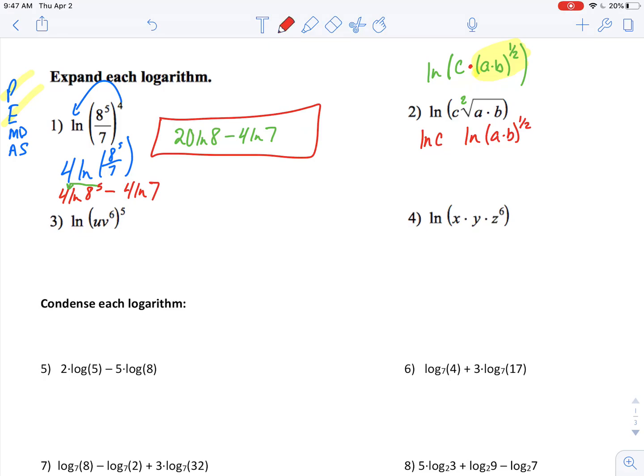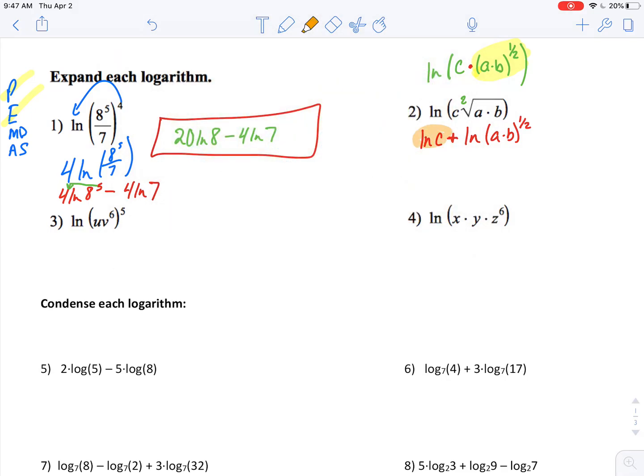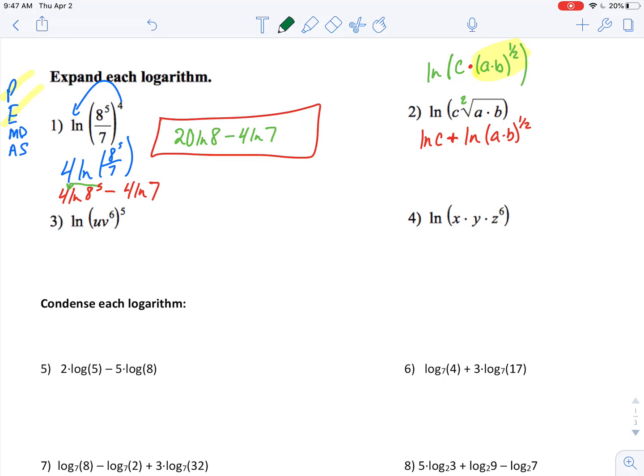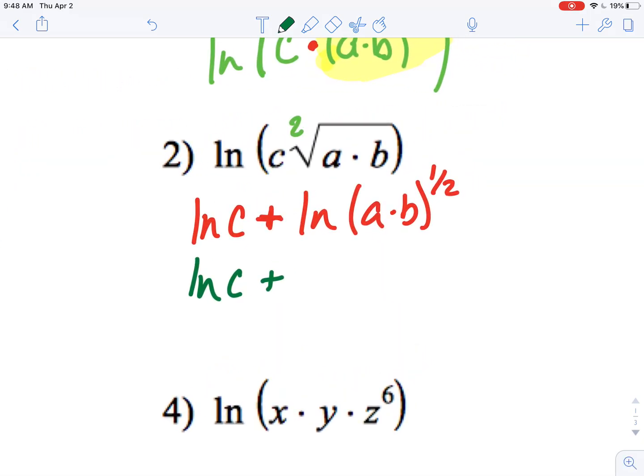And since I'm multiplying these two things together, what operation goes with multiplication in here? Well, multiplying and addition go together. So this part right here, this part's done. That's simplified as far as I can go. But this part is not. I can still simplify that a little bit further. So let's work on that one.